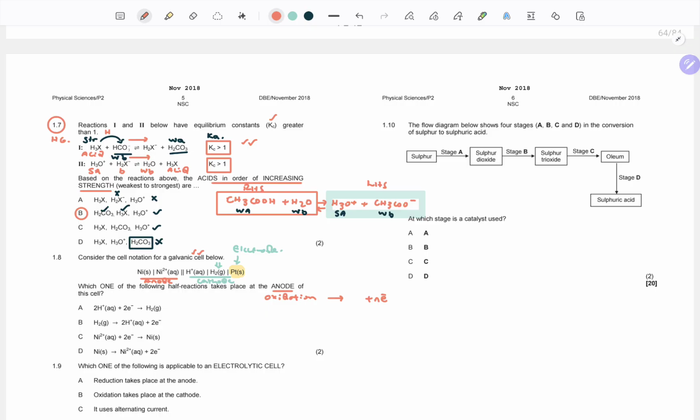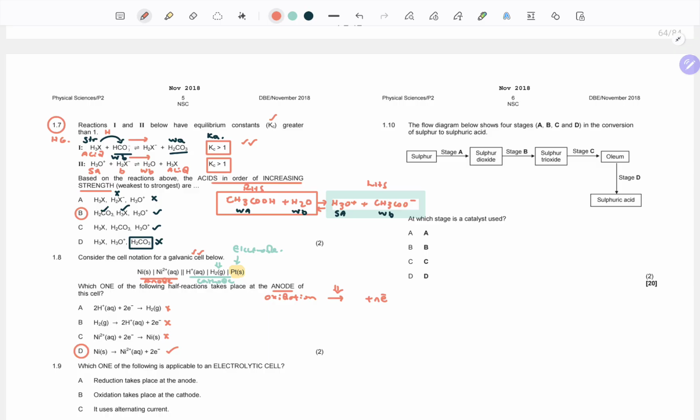So let's see, do we see something like that? That is reduction. This is oxidation, but now the hydrogen gas is the cathode, so it undergoes reduction. It's wrong because of that. Otherwise, this is proper for oxidation. This one is reduction, and so this is oxidation.